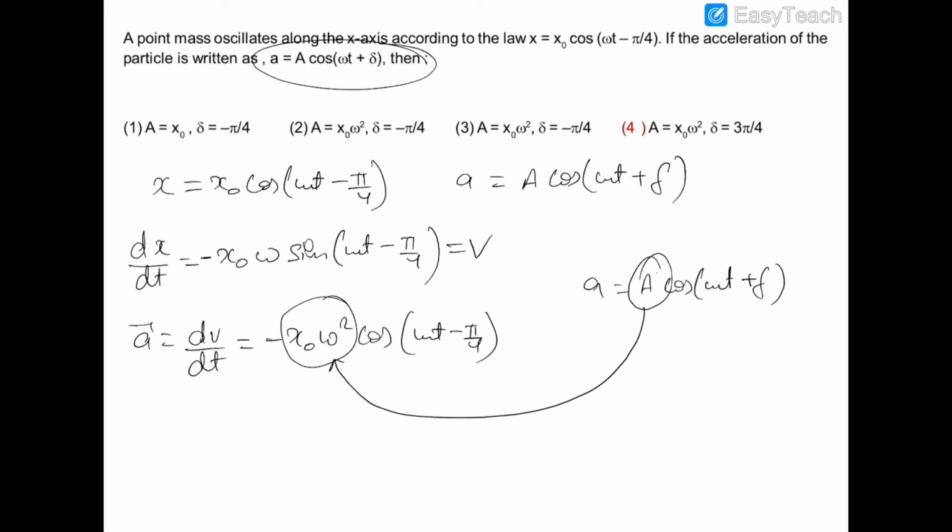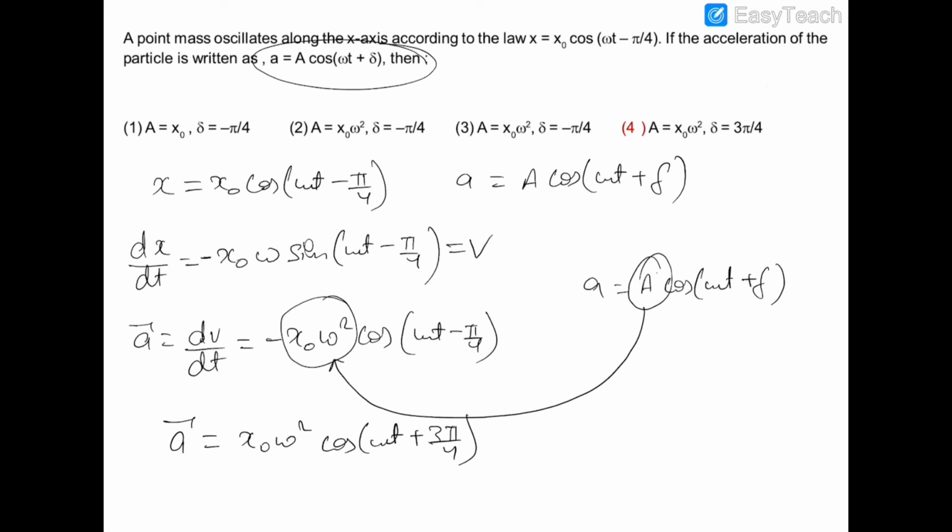And if we utilize this negative sign over here, then you can see that this acceleration can also be written as x naught omega square cos(omega t plus 3 pi by 4), because we have added a phase of pi by utilizing this negative sign.